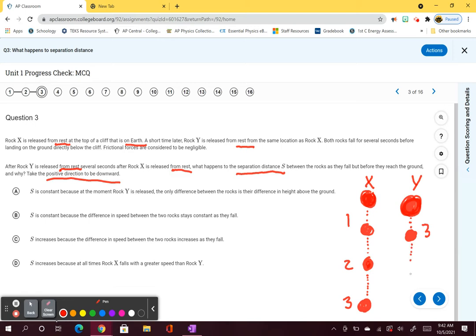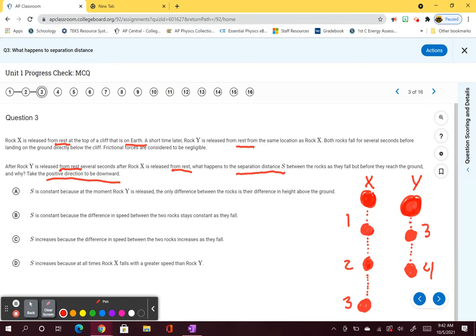So then at 4 seconds, it would be here. And at 5 seconds, it would be there. So at the beginning, yes, for X at 1 second and Y at 3 seconds, it would fall at the same rate. But once Y gets released, X is already way down here.